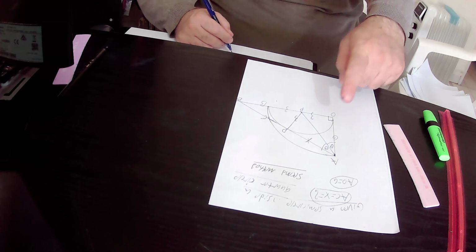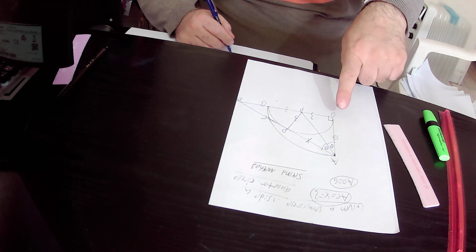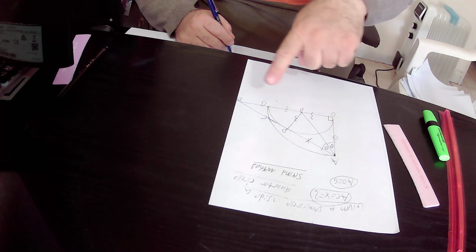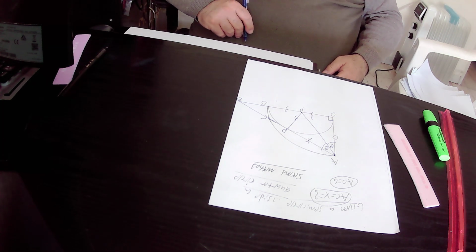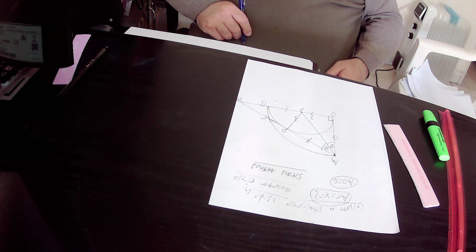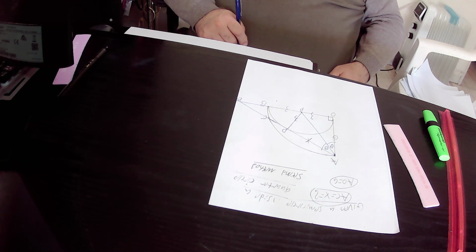In this right triangle AOE, line segment AP bisects angle OAE, that is to say, it divides angle OAE into two equal parts. Each angle equals theta.